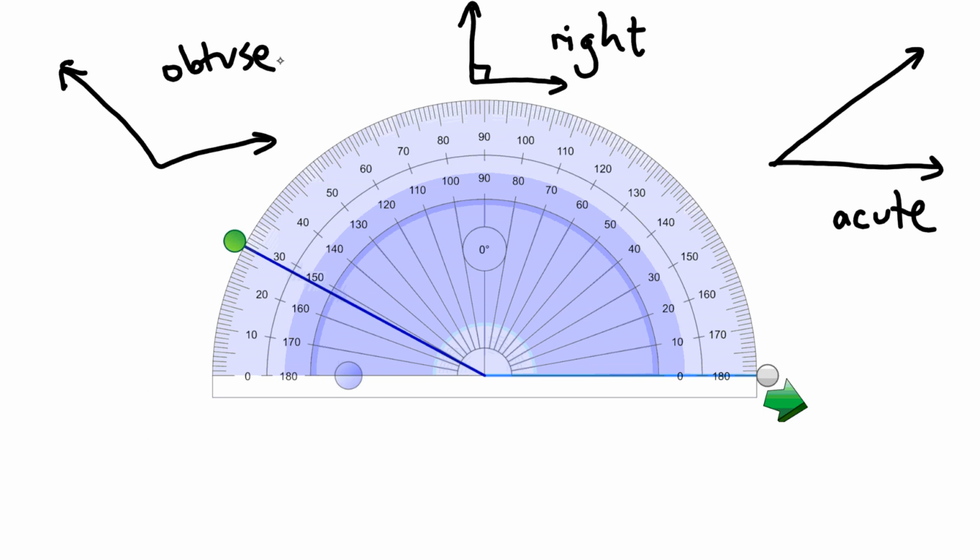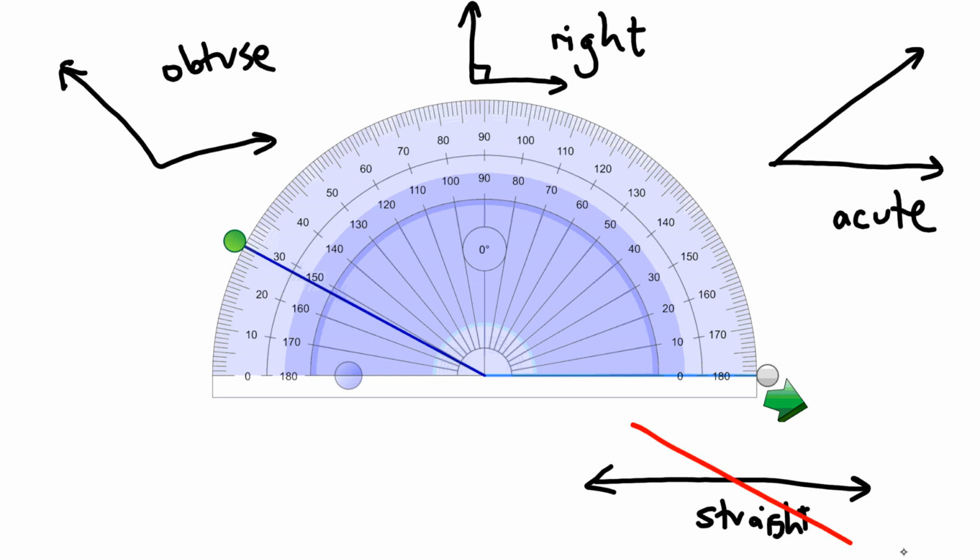Okay, your textbook refers to something called a straight angle. Lots of people believe that those exist. I, in my geometry classes, do not. An angle is a union of two non-opposite rays. These are opposite rays.